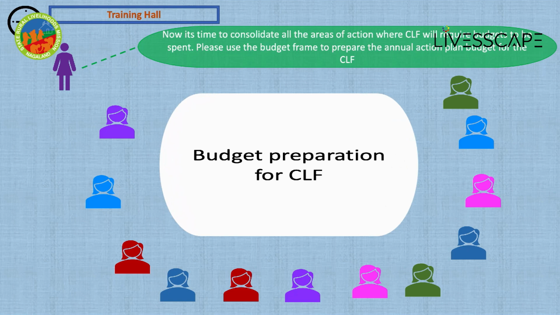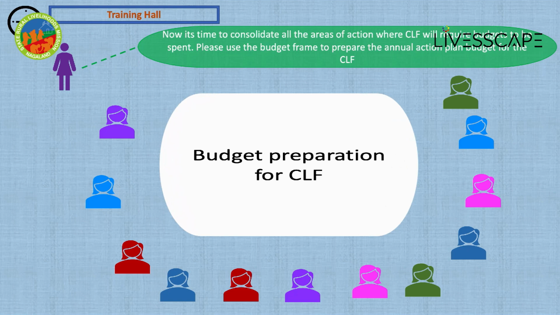So for that, it is better if we put up the chart where the format has been represented for every EC member to see, and then ask them to finalize the anticipated expenses for each activity. Once this plan budget is finalized, this whole thing would then be added to the action plan.